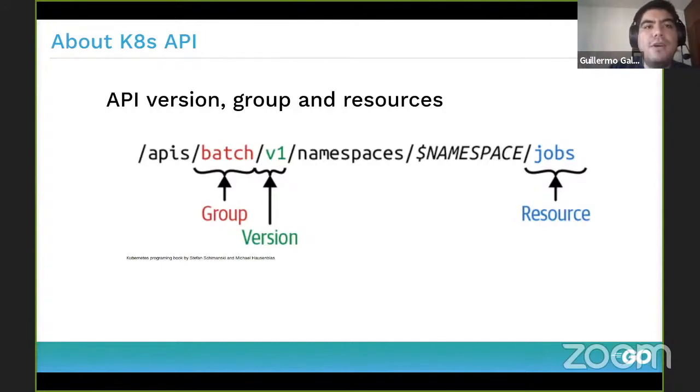In the case of pods, it belongs to the core group and also has a version. Well, then we have groups, and we have resources, and then we have versions. With those versions, developers can introduce breaking changes to the APIs and manage them. So that's the theory of how the API in Kubernetes is done.